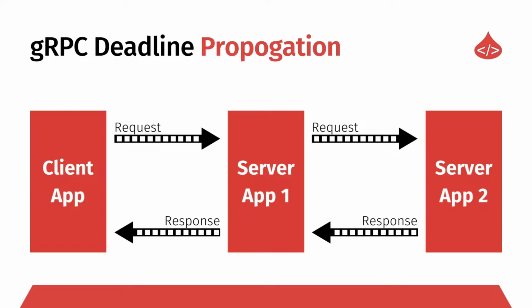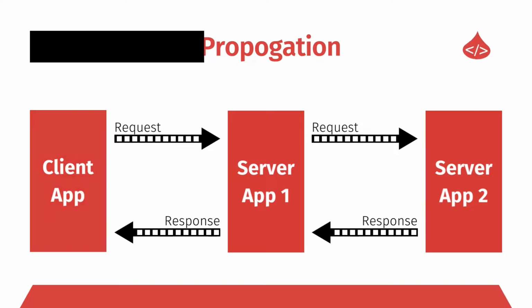Let's name that gRPC server app 2. So the client calls a gRPC method in gRPC server app 1, and that method in gRPC server app 1 will call another gRPC method which is in gRPC server app 2. So in this scenario, we have to propagate the deadline assigned by the client to gRPC server app 2. In this video, I'll walk you through how we can propagate the gRPC deadline to the end gRPC server.